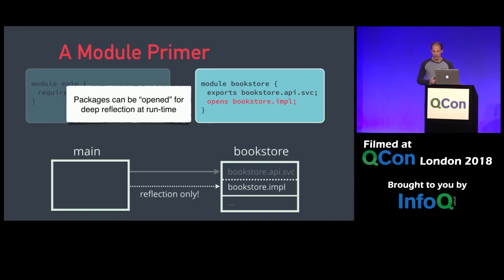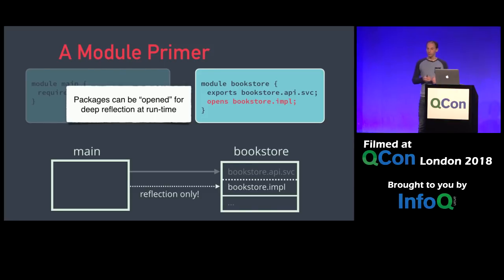Now we also have a concept of open packages. You can think of open packages as a sort of in-between full encapsulation and an exported package. Because what happens in our applications is that we don't always have this nice boundary between what is API in our code and what is implementation details.